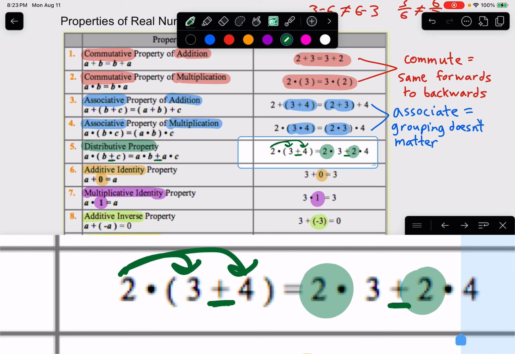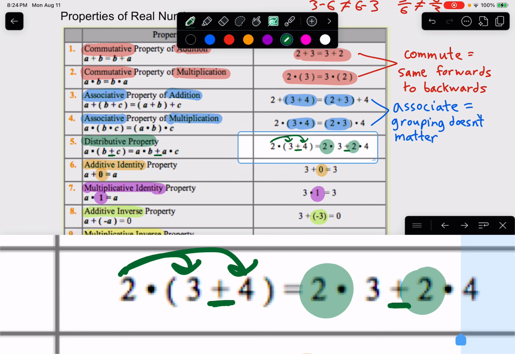But distributive property, probably the one you've had the most experience with, right? It just means the 2 can be multiplied with the 3 and multiplied with the 4. Then you do the adding or subtracting, okay? But if you're just like, hey, I can do 3 plus 4 and multiply it by 2, follow PEMDAS, that's totally fine as well, okay?